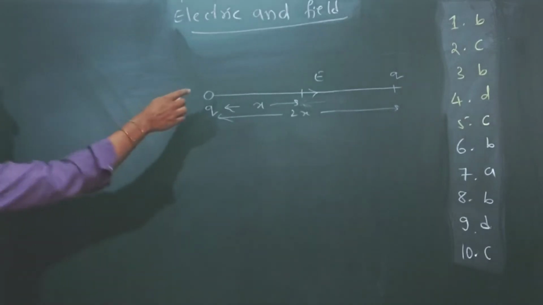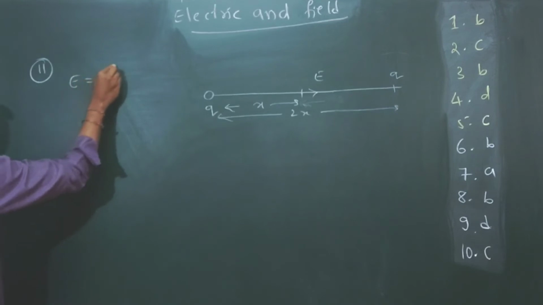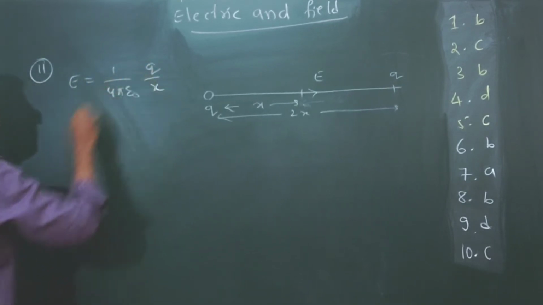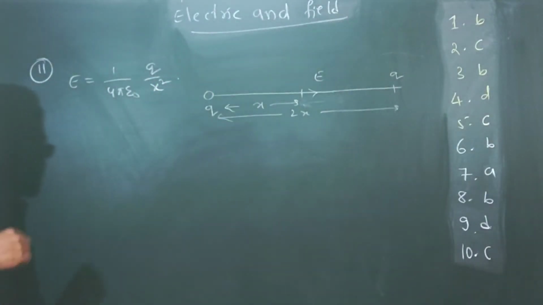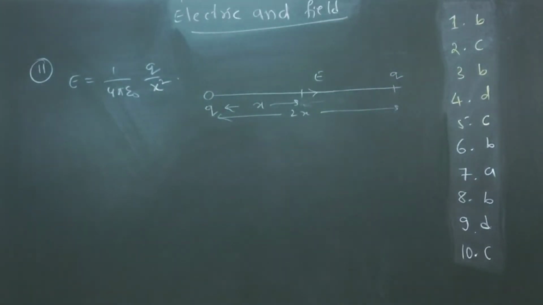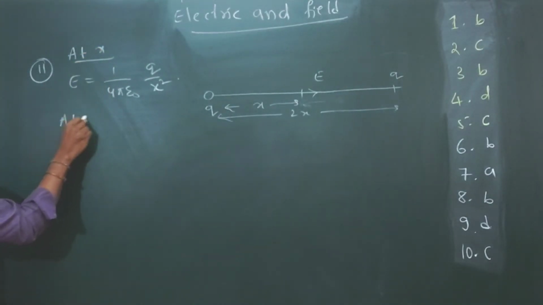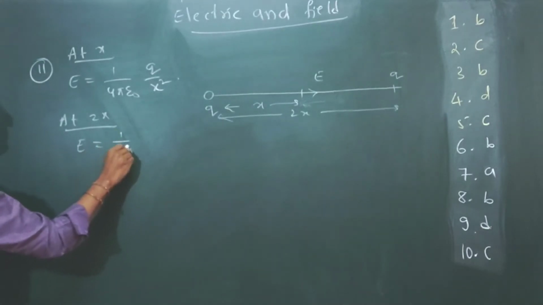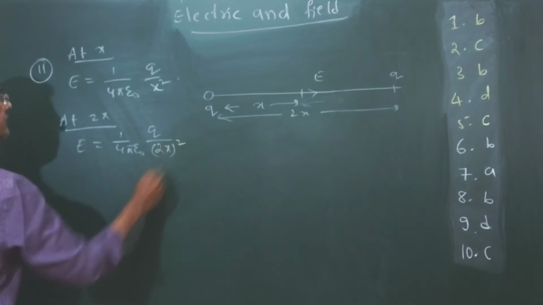So the electric field at distance x, this is the 11th question. E equal to 1 divided by 4 pi epsilon naught, q divided by x square. That is the first. Next, the intensity at a distance x we have understood. Now at 2x, that is 1 divided by 4 pi epsilon naught, q by 2x whole square.